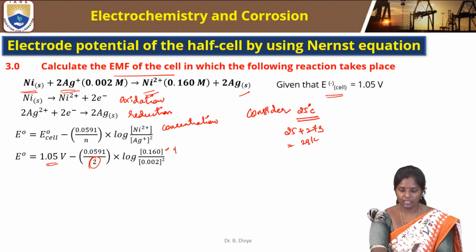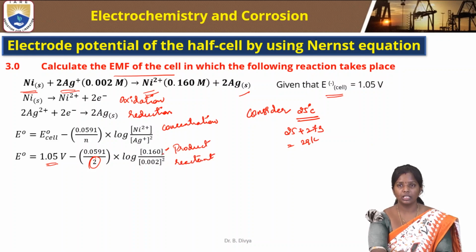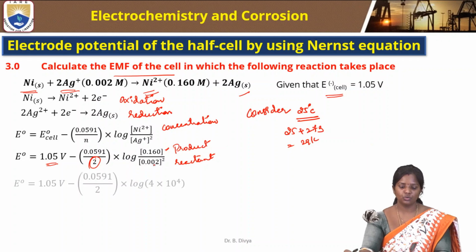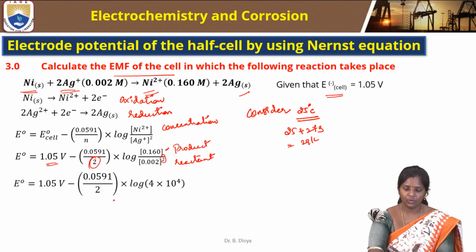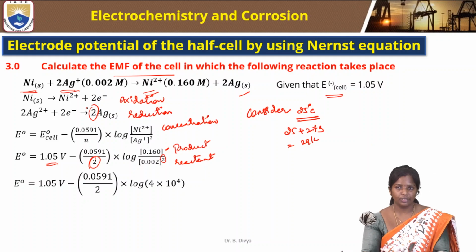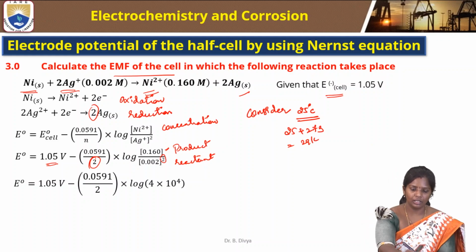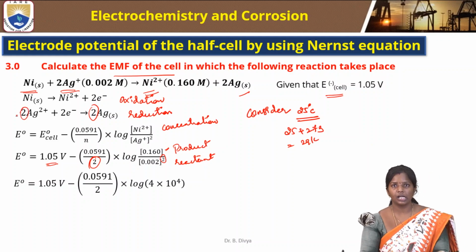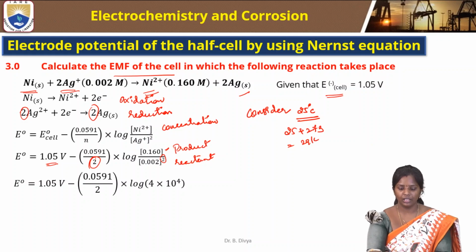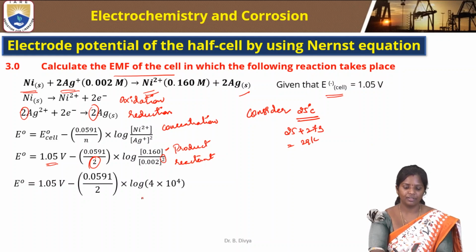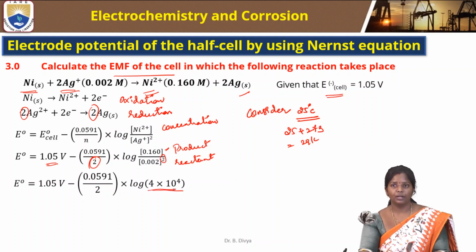Nickel ion, this is the product, and this is the reactant: 0.160 divided by 0.002 squared. Why squared? Because here we have 2 Ag, here also the 2 Ag+ are reacting. Therefore we are squaring it. Now upon calculation, we get 1.05 volt minus 0.0591 by 2 times log of 4 into 10 power 4.